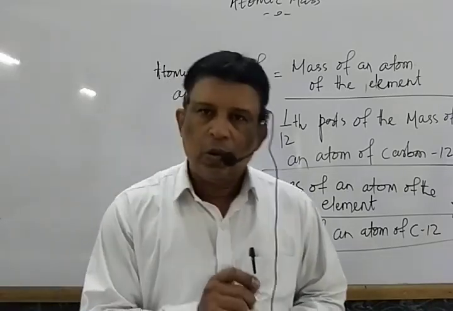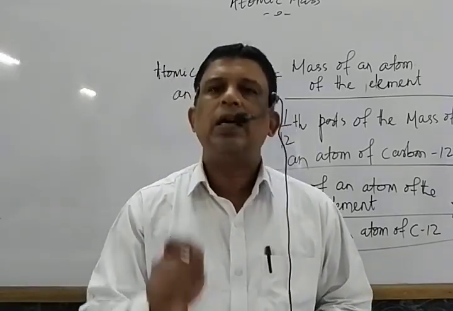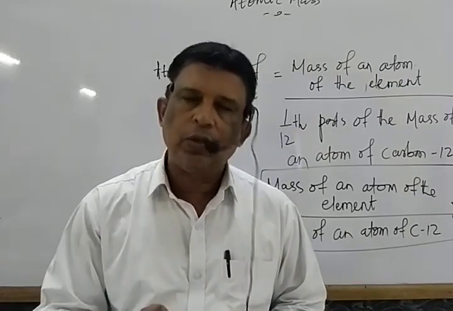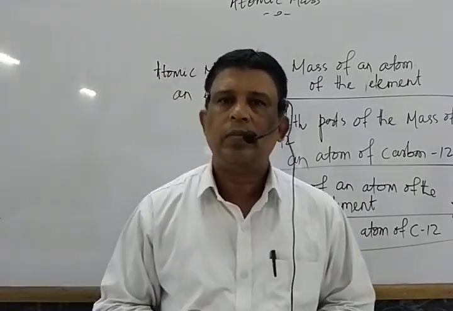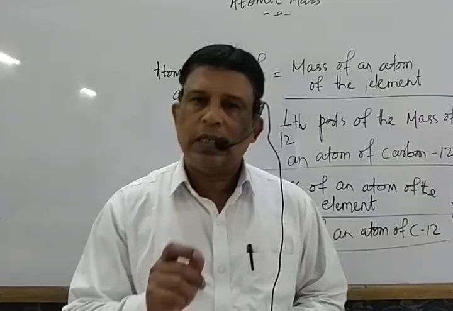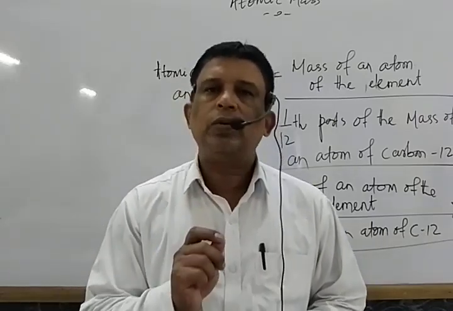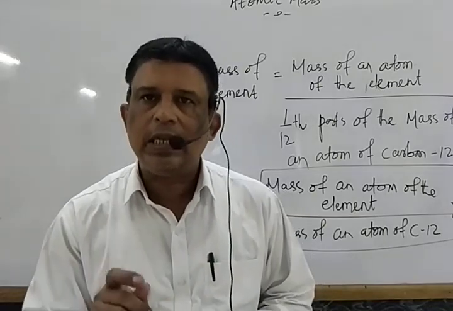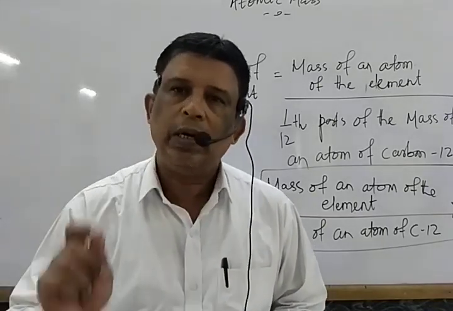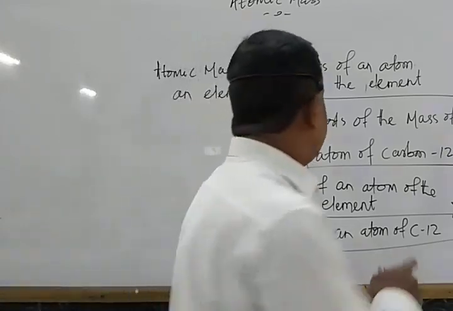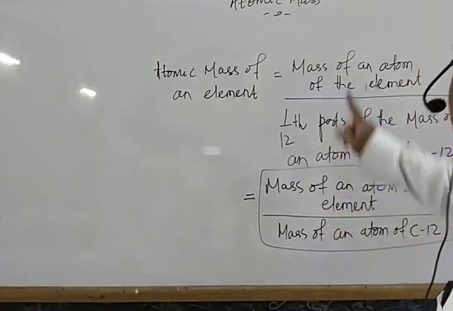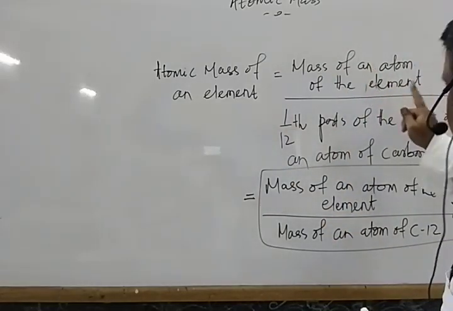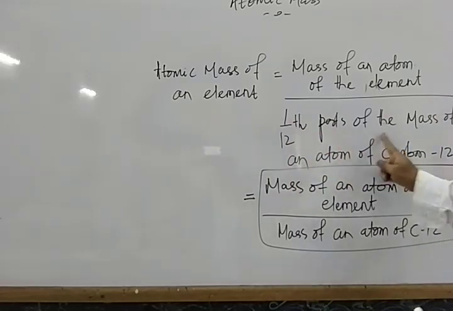That means actually mass of one hydrogen atom is 1.008 into 1.66 into 10 to the power minus 24 gram. Similarly, mass of one oxygen atom is 16 into 1.66 into 10 to the power minus 24 gram. Similarly, one says that molecular mass of a substance is equal to mass of the molecule of that substance divided by 1 by 12 parts of the mass of an atom of carbon taken as 12.